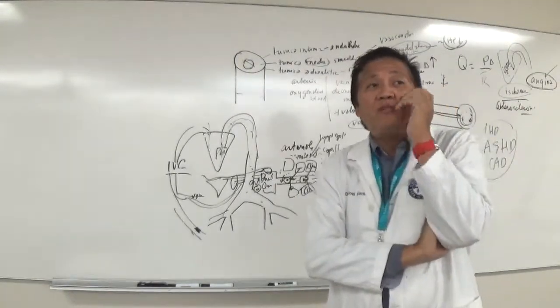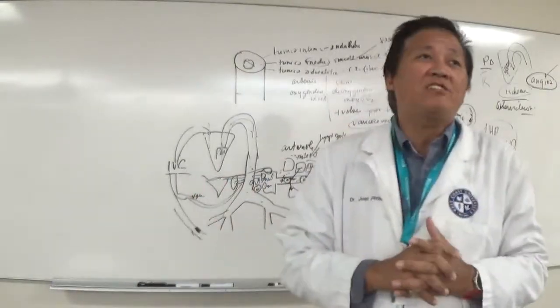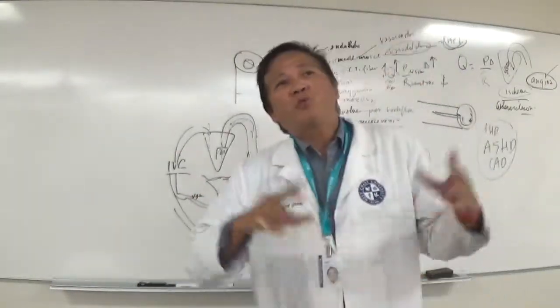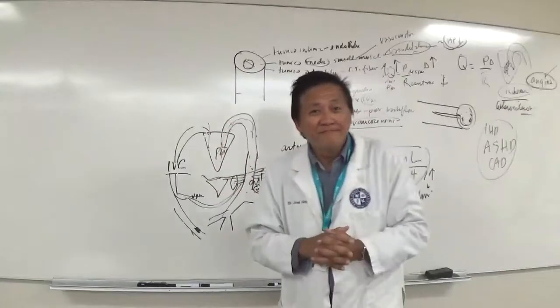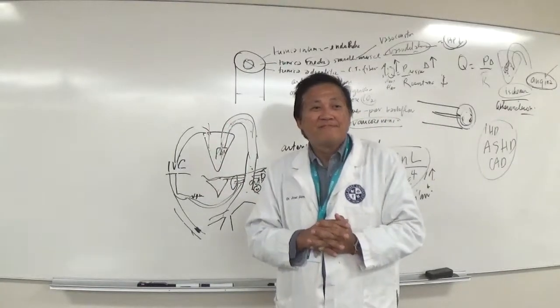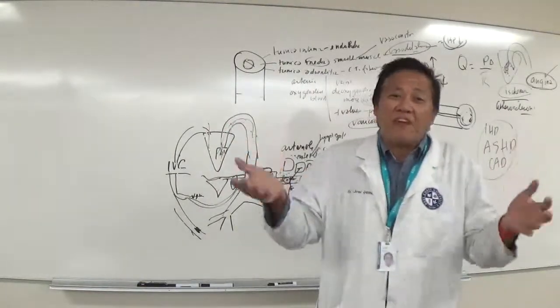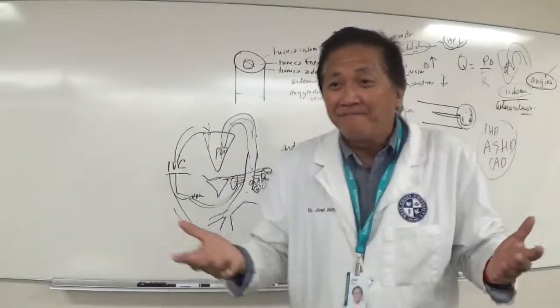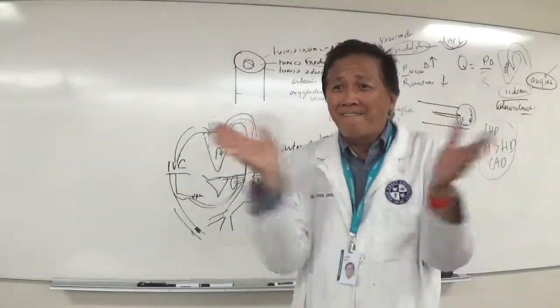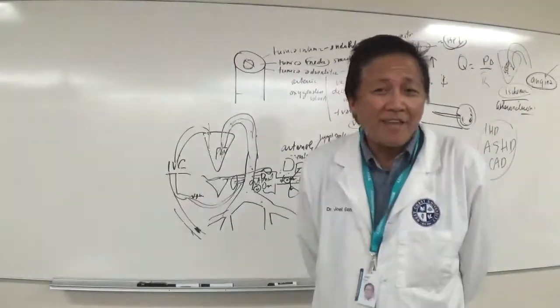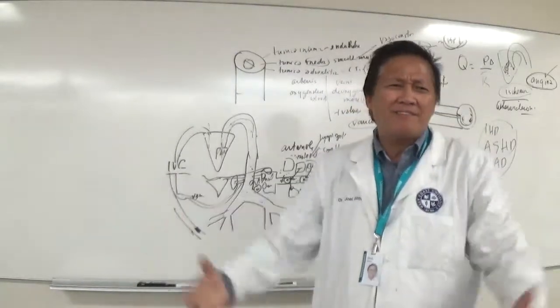Now, what's the difference between deep vein thrombosis and thrombophlebitis? Which usually affects the deep veins, deep vein thrombosis or thrombophlebitis? Oh my God! Don't you like medicine and nursing?